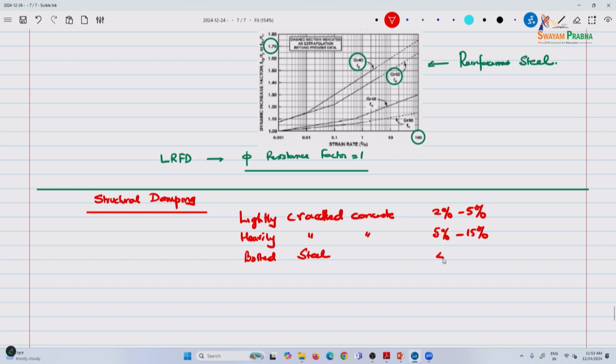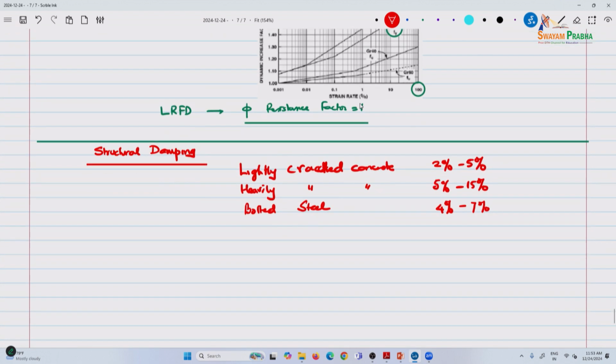I am presenting some of these numbers because you will have an opportunity to see if these make any difference in the response, or if you have welded steel, these are somewhere 1% to 3%.